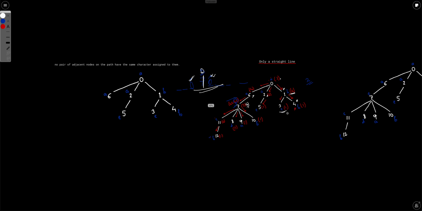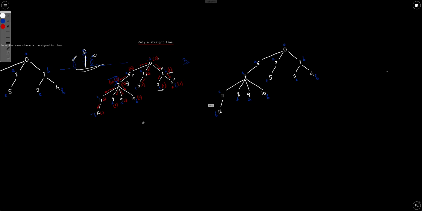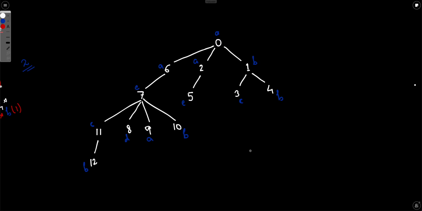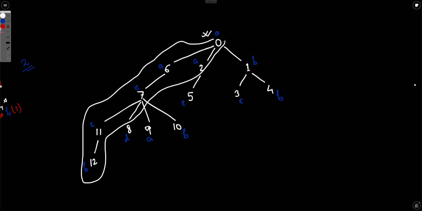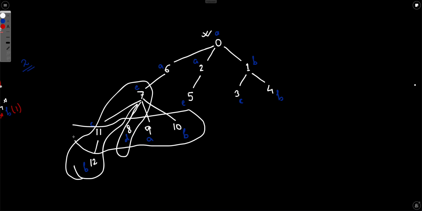So I hope the question is clear. Basically, what we have to do is, for each node, find the longest path first, and then traverse again. For the crossway path, try to find the list of all children which don't have the same character as the parent, and from this list of children, just take the maximum 2.